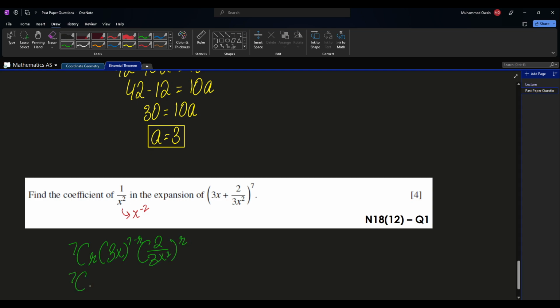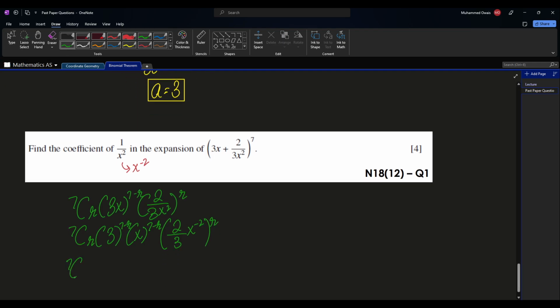So 7cr is equals to 3 7 minus r into x 7 minus r into, now then, 2 over 3, and now I'll only bring this x square to the numerator, so this becomes x minus 2 power of r. So then this becomes 7cr into 3 7 minus r into 2 over 3 r into x minus 2r.